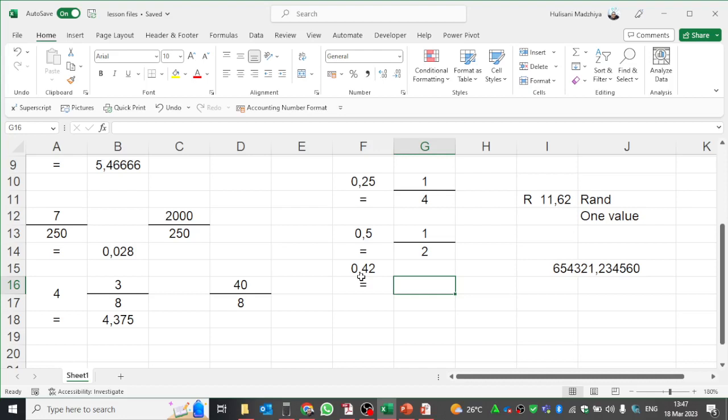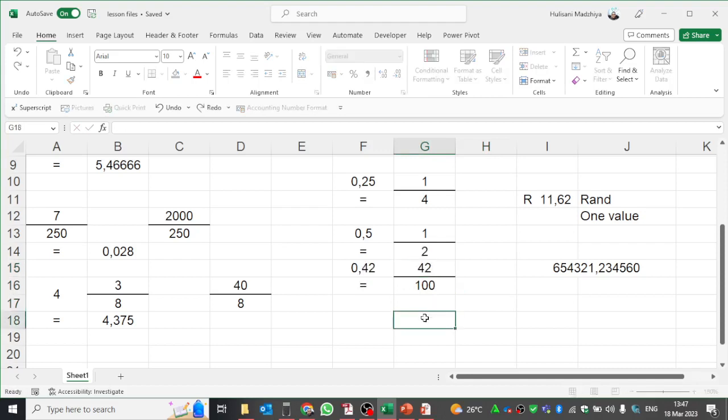And then we have 0.42. Under 0.42, we have 2 decimals, and 2 decimals represent the 100. So we're going to say 100 as the denominator, and then the number behind the comma is 42. Can this be simplified? Yes, it can.